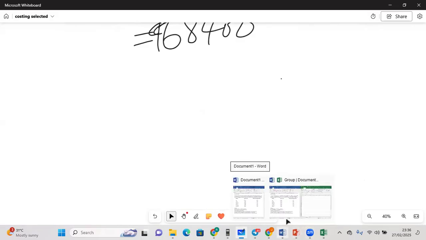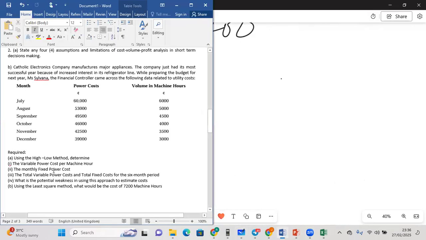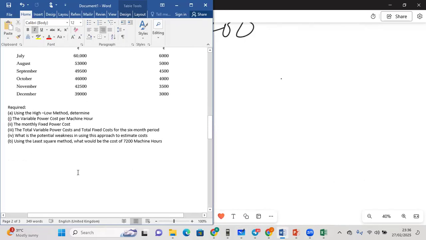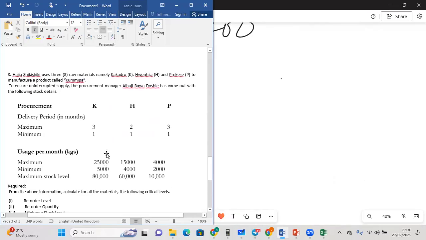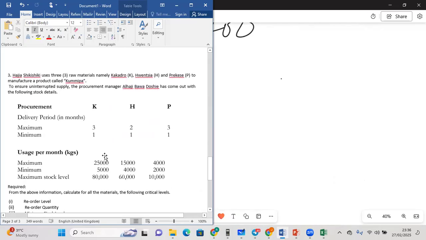So we are done with question two. Let's move to question three. Question three: Hajia Shiki Shiki uses three raw materials, namely kakadro, Printian and prekese, to manufacture a product called Kumipa.